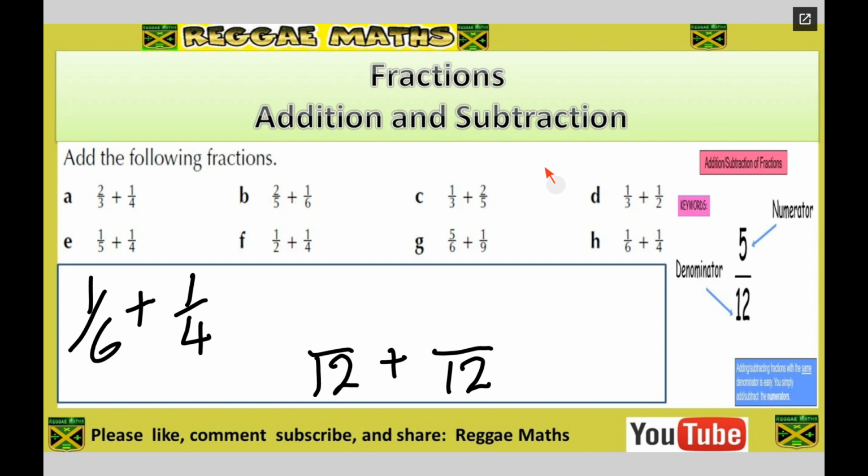Next, what did I do to get 12 for the bottom? I multiplied 6 by 2 to get 12, and 2 times 1 is 2. What did I multiply the other by? I multiply 4 by 3 to get 12. The same thing I do to the bottom, I do to the top. 3 times 1 is 3.